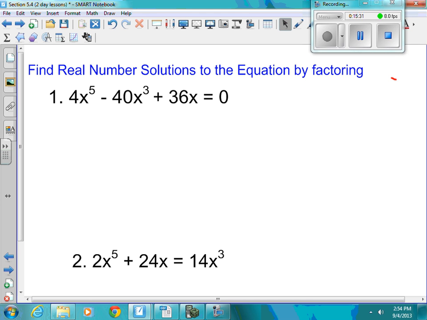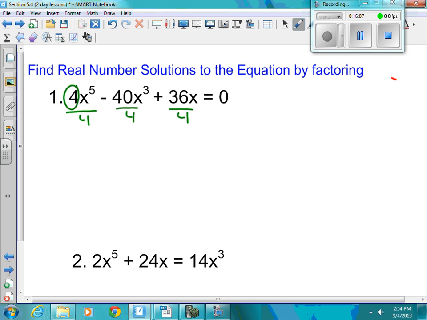Well, to solve it by factoring, you would try to get it completely factored and solve for each factor, just like we did in Chapter 4, Unit 1. So let's look at the problem. We have 4, 40, and 36. 4 is my smallest coefficient. Is there a number that divides 4, 40, and 36? Well, 1, 2, and 4 divides 4. Will 4 divide 40? Yes. Will 4 divide 36? Yes. So I can factor out a 4.